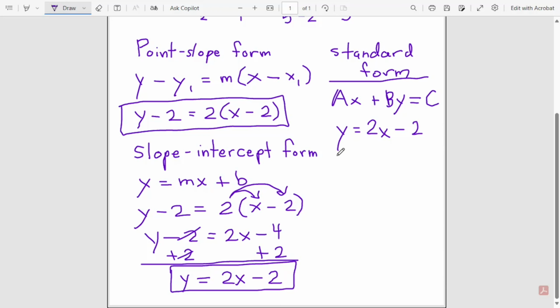So what I'm going to do is subtract y from both sides. And y minus y is going to be 0. That's going to equal 2x minus y minus 2. Now we want to move this negative 2 over, so we're going to add 2 to both sides.